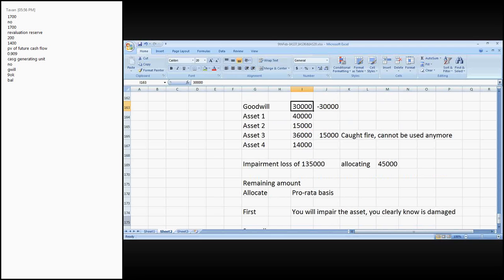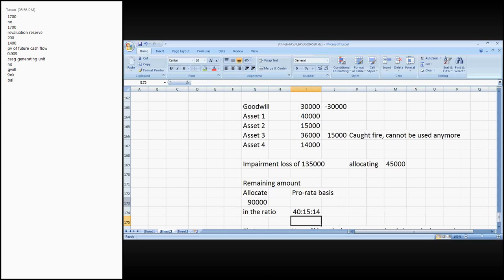To allocate, how much is remaining? 135,000 minus 45,000. I'll have to allocate 90,000 in the ratio 40 is to 15 is to 14. Can you do that?